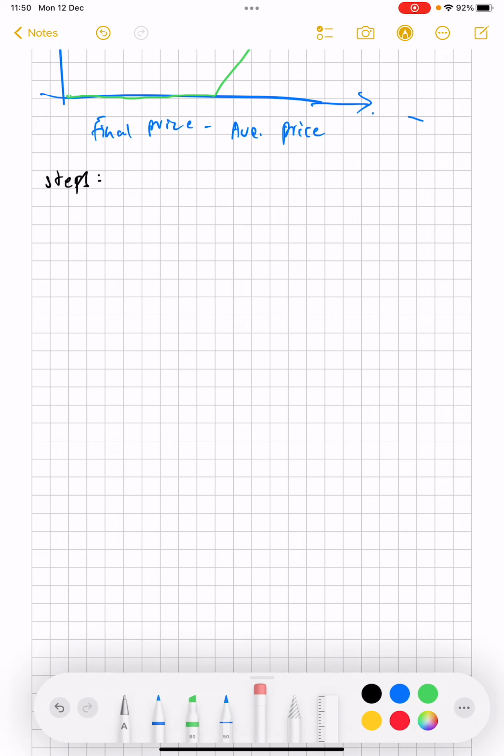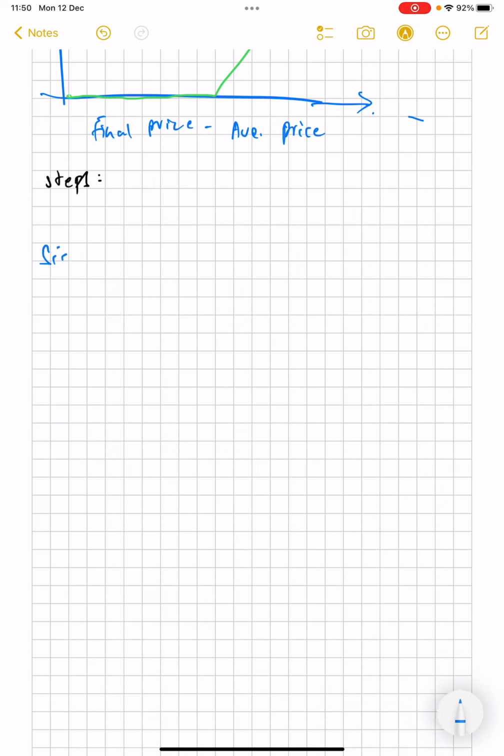When you want to simulate the Monte Carlo, there are many steps, but there are two processes.